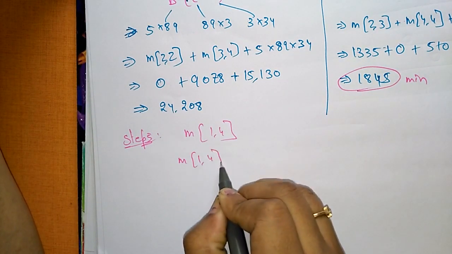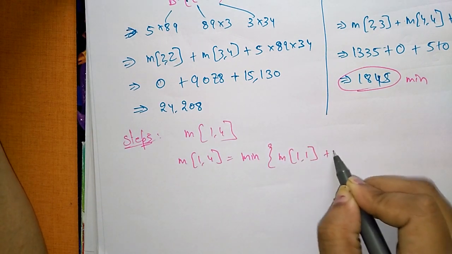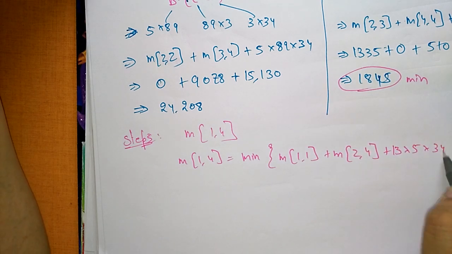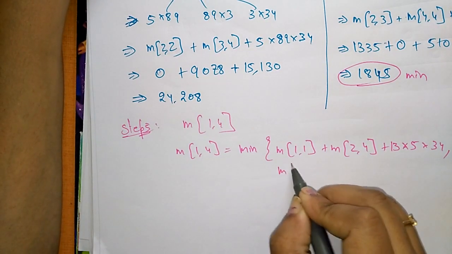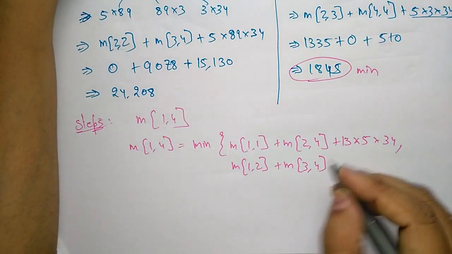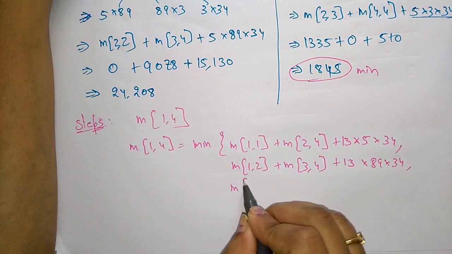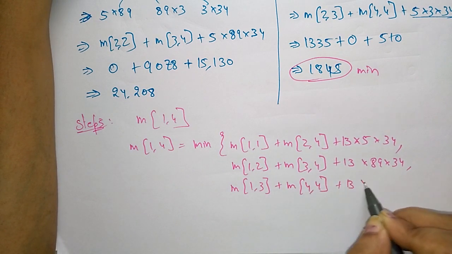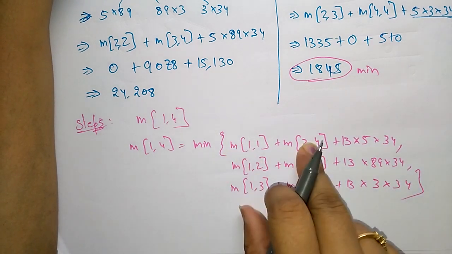M of 1, 4 is equal to minimum of M of 1, 1 plus M of 2, 4 plus 13 by 5 by 34, comma M of 1, 2 plus M of 3, 4 plus 13 by 89 into 34, comma M of 1, 3 plus M of 4, 4 plus 13 by 3 into 34. So in total you are having 3 sequences.